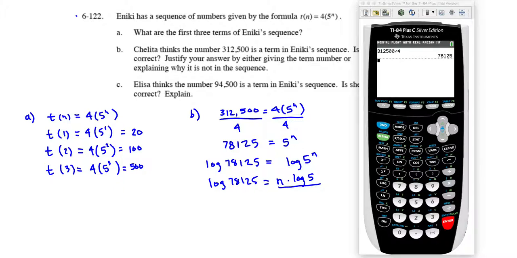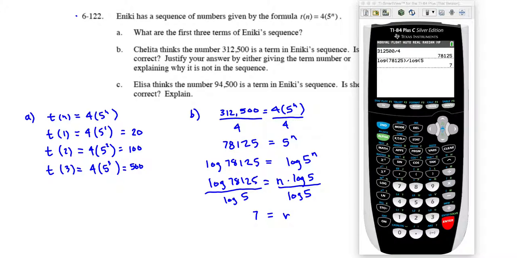Divide each side by our log of 5. So when we do that now, we're going to do log of 78,125 divided by the log of 5. We get 7.